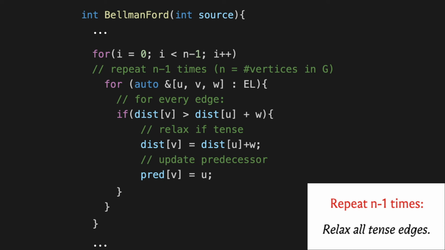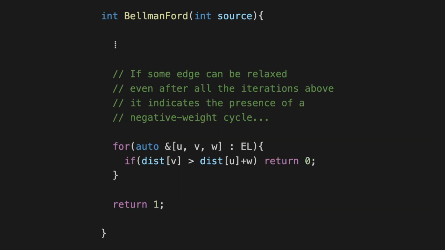Now, when you want to do the actual detection of the negative cycle, we do this check one final time. So we go over the edge list once again after we come out of this for loop, and if we discover even one edge that is tense, then we return 0 to indicate that there is a negative weight cycle and nothing can be done here.